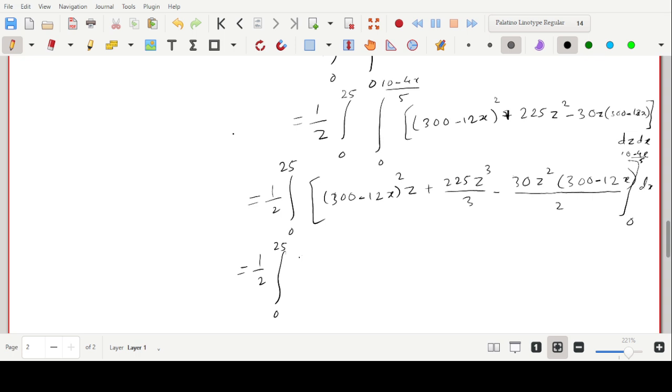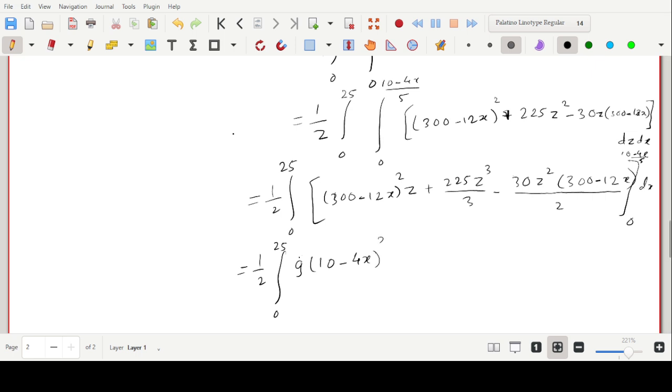after factoring out maybe 3. So 3 squared is 9. It is 10 minus 4x the square multiplied by z, which is 10 minus 4x over 5.